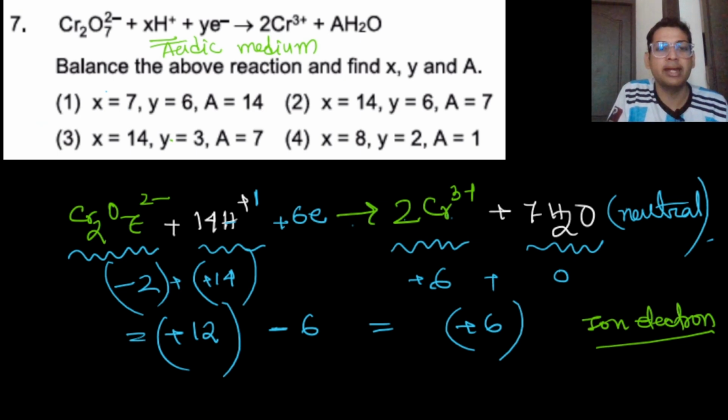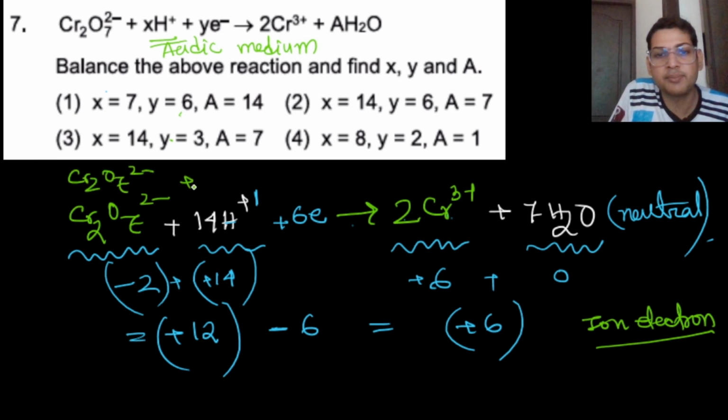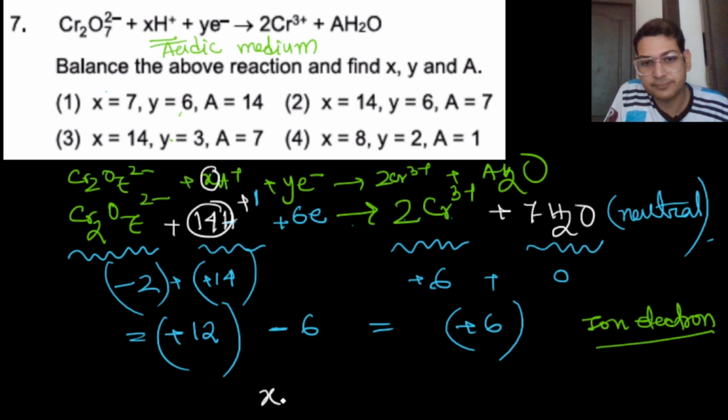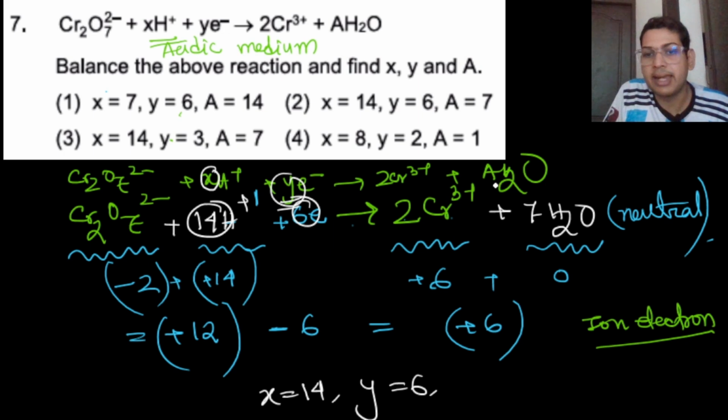Now you write what is the equation that is given to you. The equation that is given to me is Cr2O7 2- plus XH+ plus Y electron gives 2 Cr3+ plus A H2O. And sir, by comparison I can say X value is 14, Y value is 6 and A value is 7.